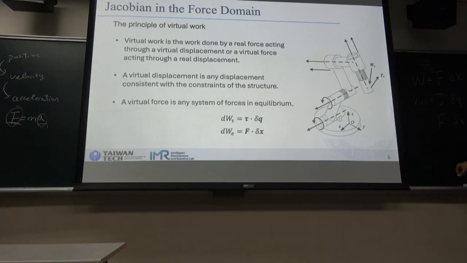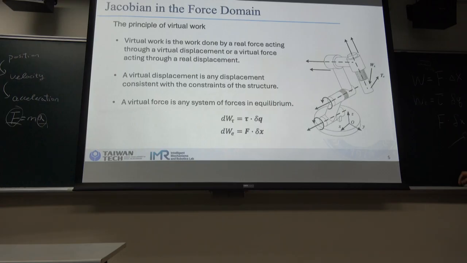And at the end effector, maybe here is the end effector, if we apply a force at the end effector, then the end effector will slightly move a very, very tiny part, the tiny displacement, we call it delta x.